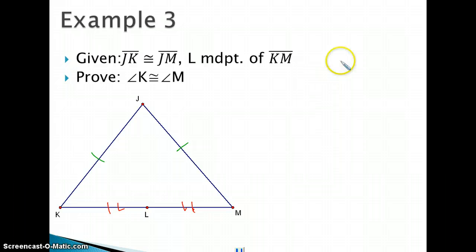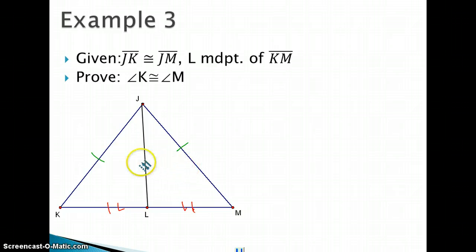So the next thing I'm going to do is try and get a line, and I'm going to see how well this works out. I'm going to draw a line from J to L. Now in my proof I'm going to write draw JL as one of my steps, and my reason will be 2 points determine a line.